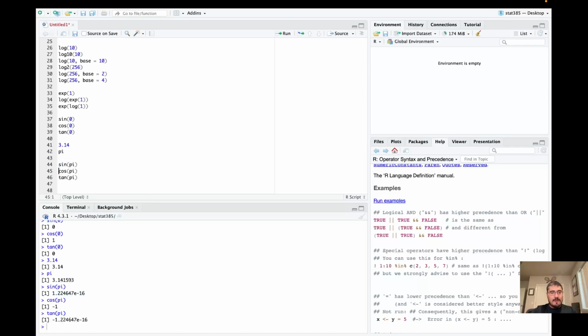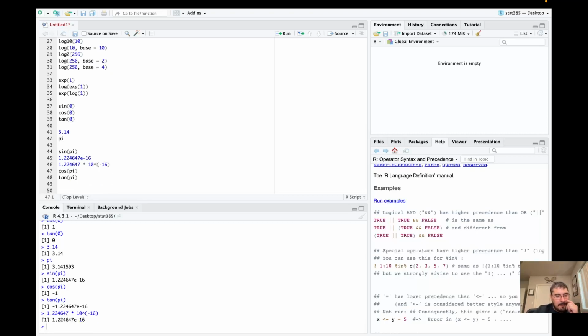So what's outputted here is basically 10 to the minus 16. It would have more digits, maybe with some rounding, but it's a very, very small number that, due to problems with finite precision, isn't exactly 0, but can be understood to be 0.